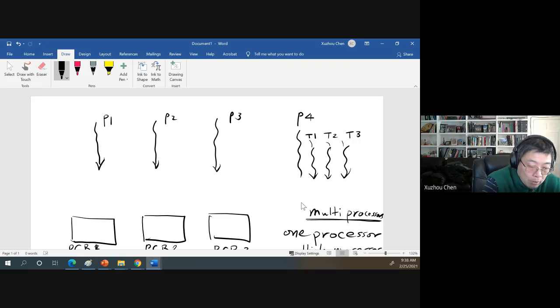Now to correctly record the process, you also need a PCB, PCB4. However, since each thread has its own thread of control, some of the data should be dedicated to a particular thread. That's why each thread has its own thread data.